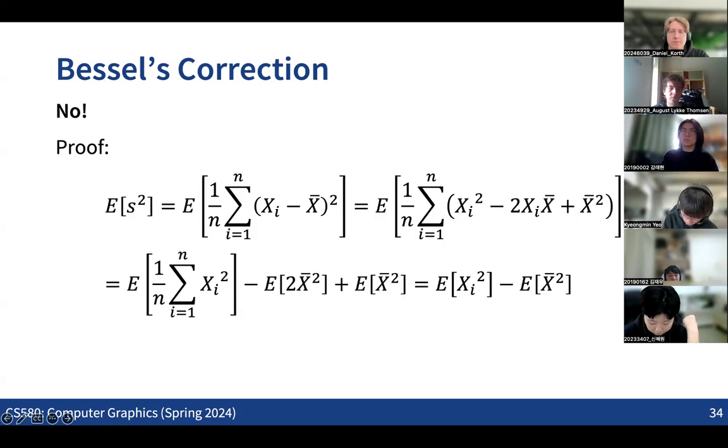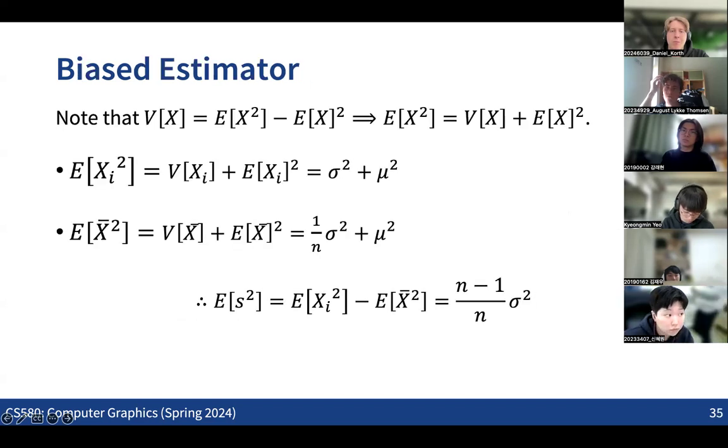If we go into more detail here, we can see that the expected value of this estimator can be rewritten like this. From the rules of the variance, the variance can be rewritten as the expected value of the squared random variable minus the square of the expected value of the random variable. From this we can derive this. You can check out those details. The first term has the variance plus the squared mean.